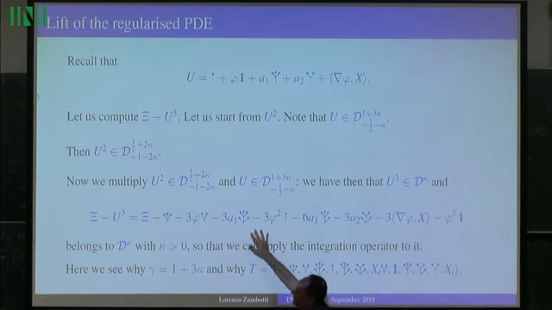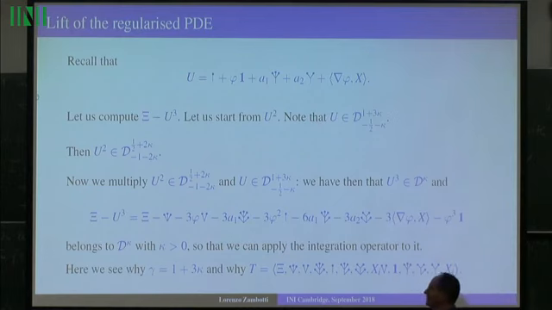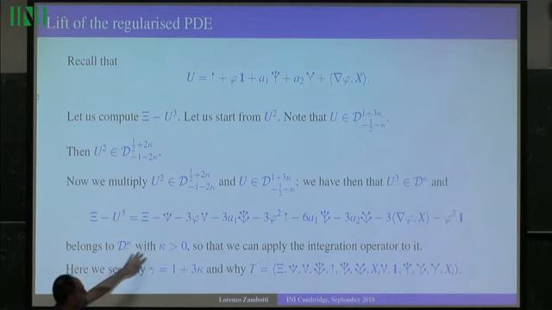The idea is, it doesn't really disturb you if it's there, but you don't need it. It's like an error of a larger order. And now the point is that you are in D kappa with kappa which is positive.